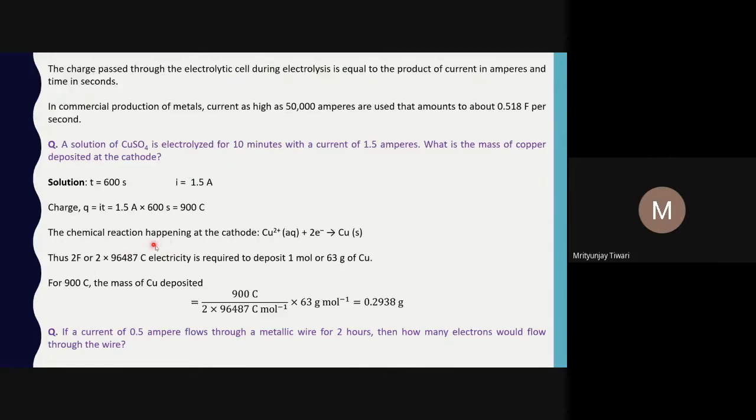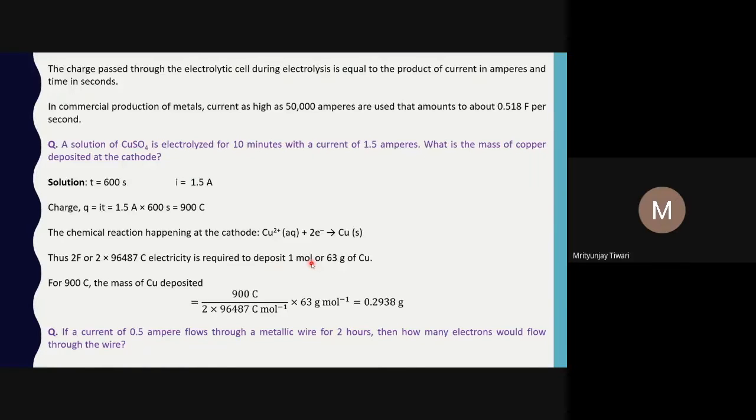So what is the chemical reaction happening at the cathode? We know the copper ion will be deposited at the cathode. So Cu2+ plus 2 electrons gives Cu solid. We know the 2 farad charge, meaning 2 into 96487 coulomb of electricity, is required to deposit 1 mole of copper, and the molar mass of copper is 63 grams.